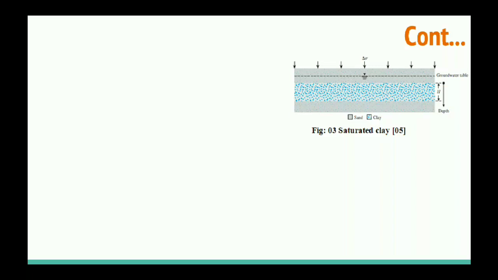And the stress developed in the spring can be related to the stress induced between the solid particles, that is called effective stress. So from the principle of effective stress, we can write the total stress is equal to the effective stress plus pore water pressure.